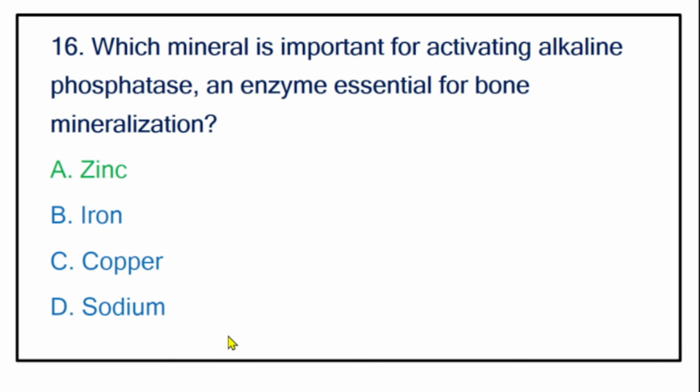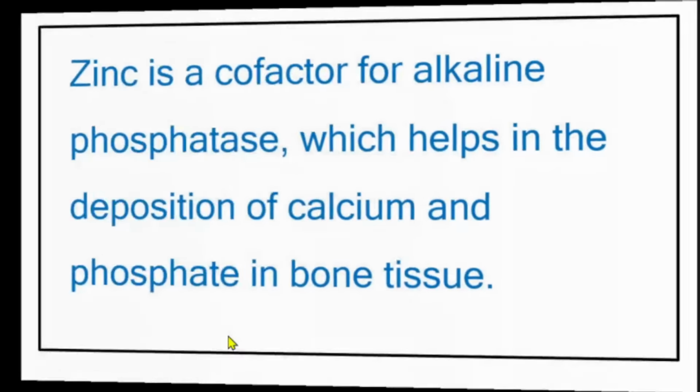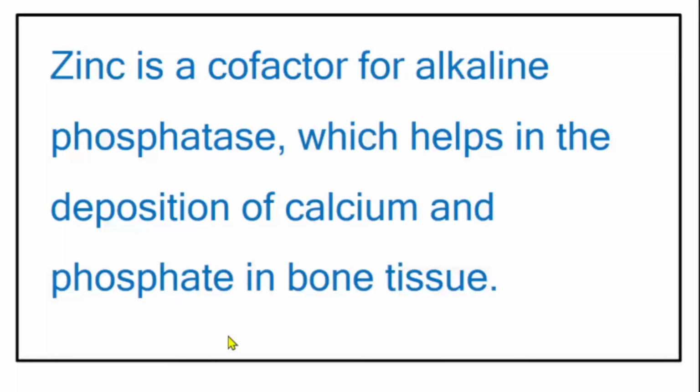Bone mineralization means the hardening of the bone, which uses calcium and phosphorus. It is helped by the minerals zinc and magnesium, which are cofactors of alkaline phosphatase. It helps in the deposition of calcium and phosphate in bone tissue. That is known as mineralization.